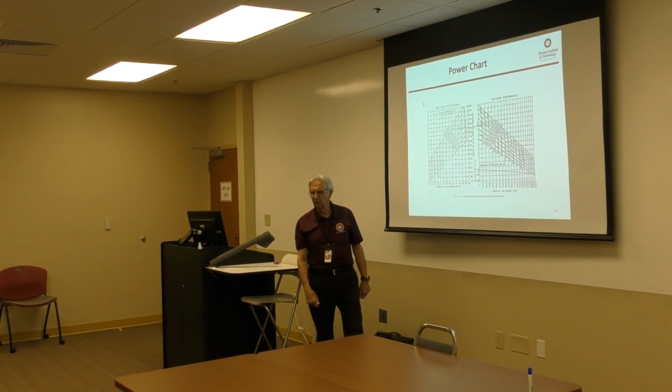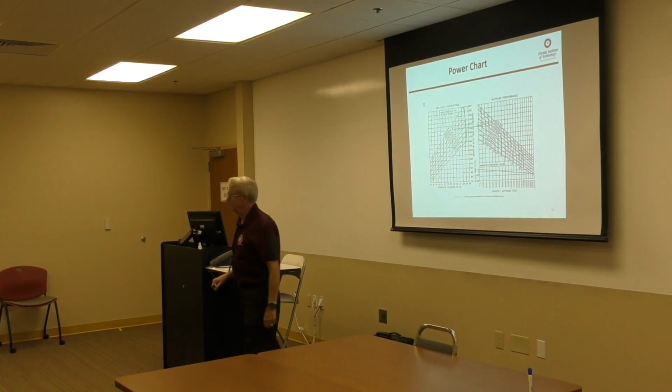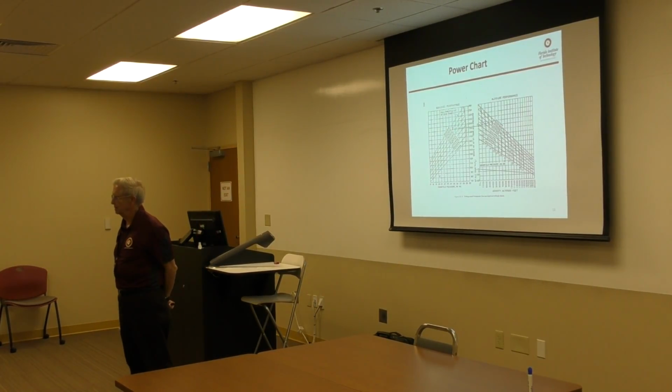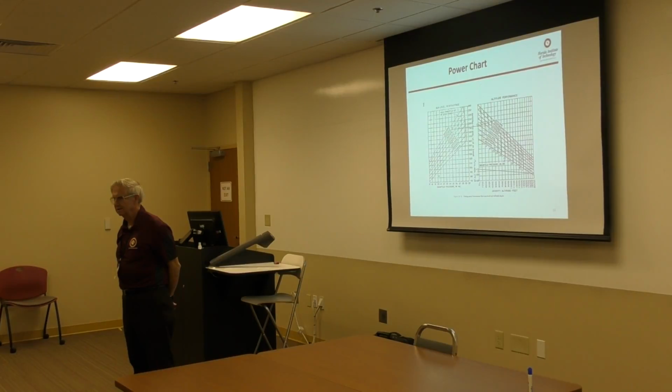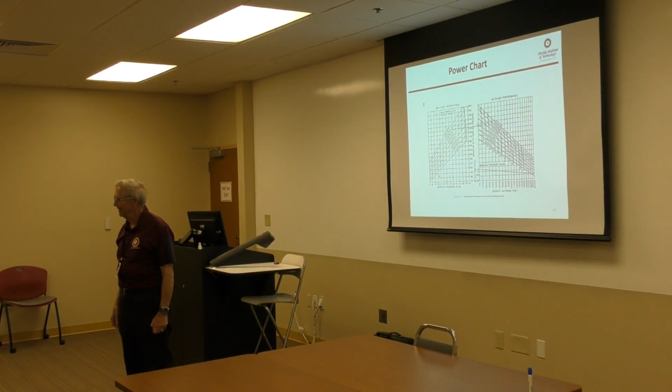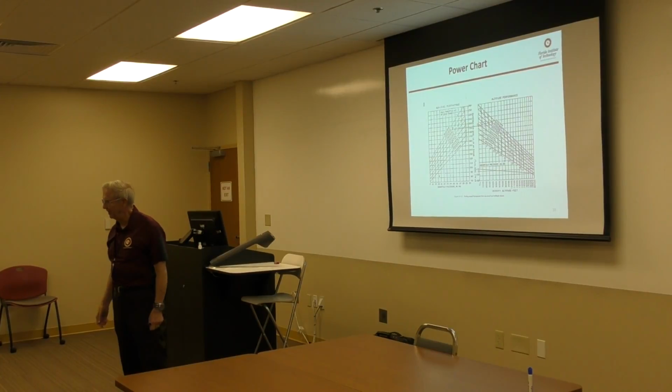Anybody have any idea what that point is? If you were to take the engine and motor it, turn its crankshaft, it would be the vacuum that would produce? It's the friction horsepower. The horsepower it would take to overcome the friction of that engine.